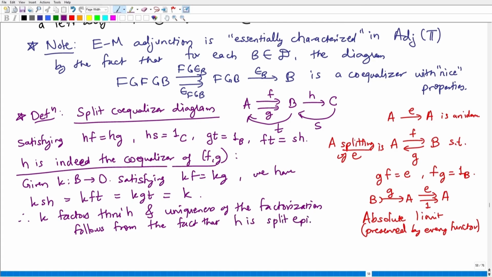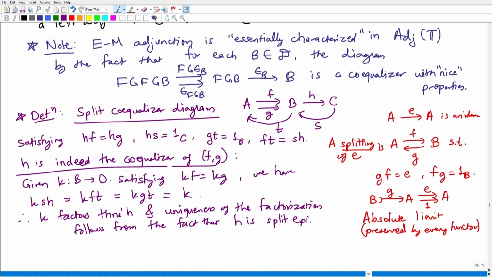Okay, so therefore, if you are given very strong conditions like these four equations, then indeed H is a co-equalizer. But this is a split co-equalizer. And what is speciality about this? It's an absolute co-limit. Any functor will preserve it, everything is given by equations.